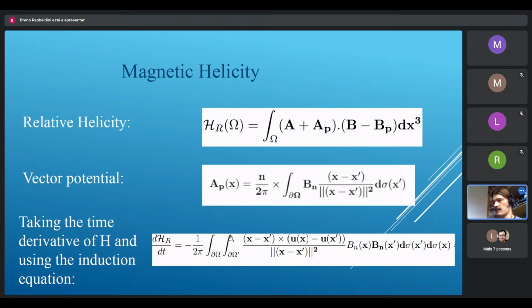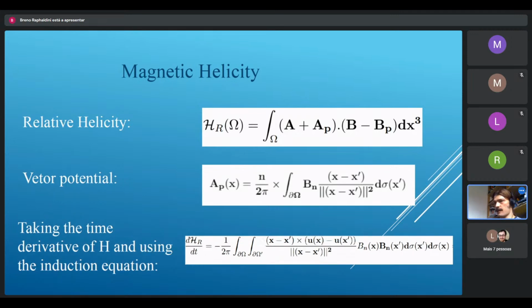And we arrive at this expression here, where Bn is the normal component of the magnetic field, and U are the velocities of the foot points of the magnetic field lines moving through the photosphere, and X and X prime are the positions of these foot points on the solar photosphere.